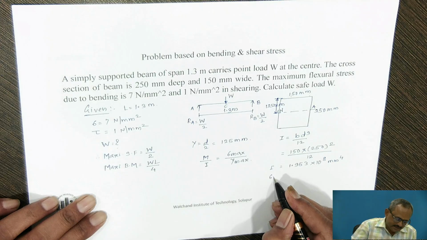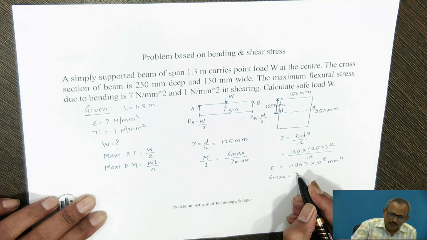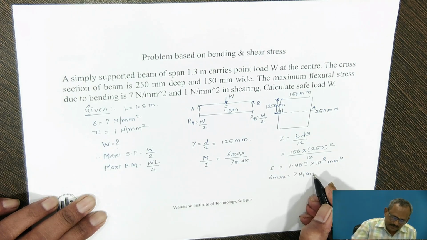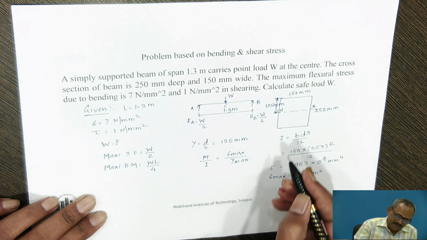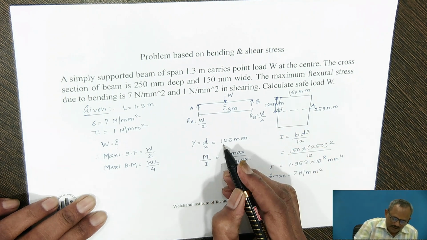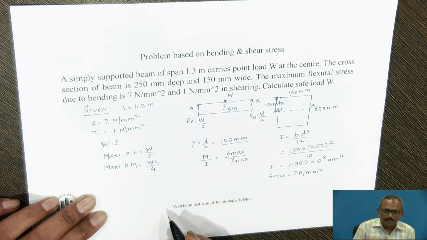Maximum bending stress is given as 7 Newton per mm square. Ymax we have already calculated, that is 125 mm.